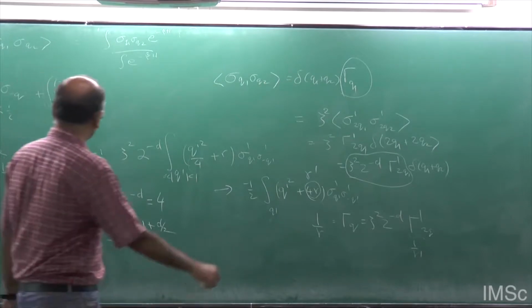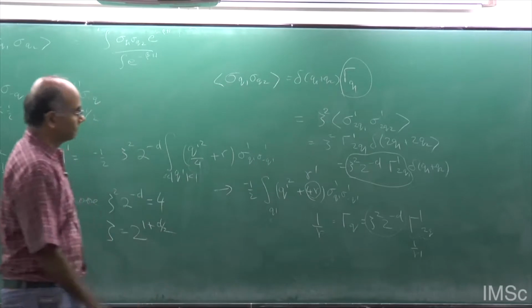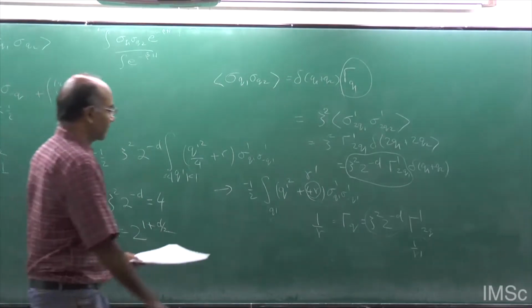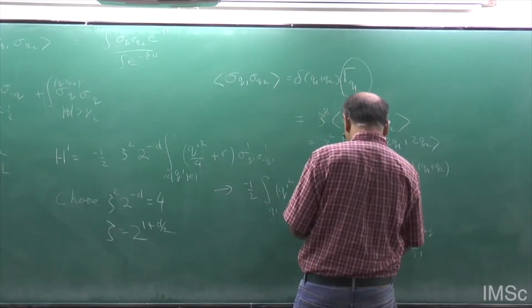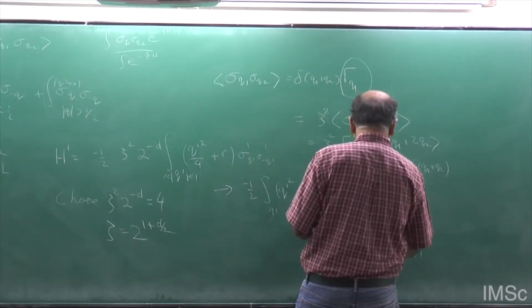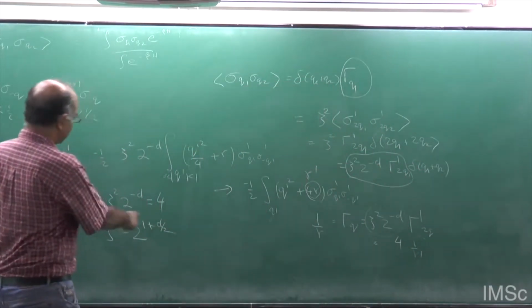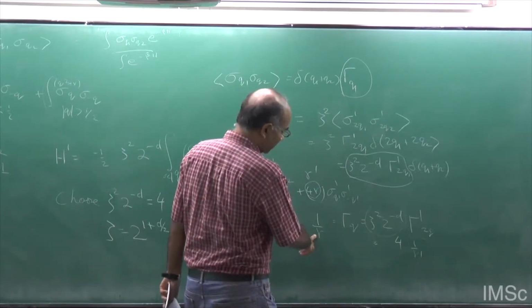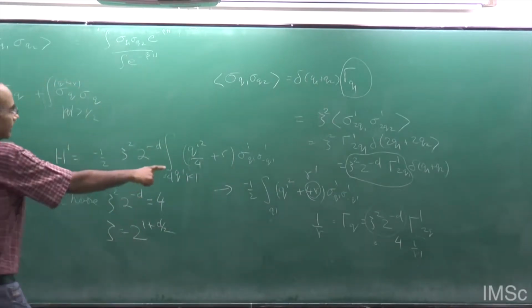And what is this factor? So that's 4. So we should get 4. This is 4, right? So you get that r is r prime by 4, which is also what we got here.